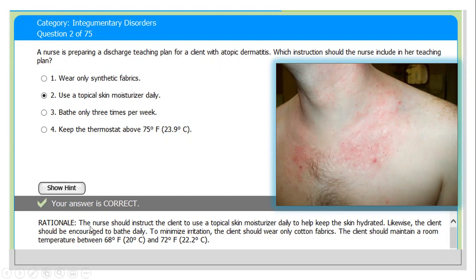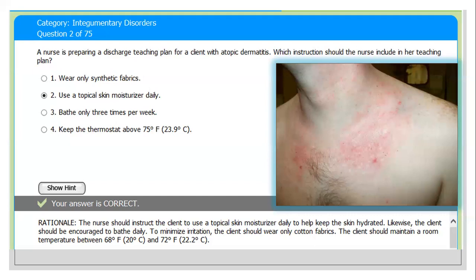The rationale said the nurse should instruct the client to use the topical skin moisturizer to keep the skin hydrated. Likewise, the client should be encouraged to bathe daily. Also, to minimize irritation, the client should wear only cotton fabrics. The client should maintain a room temperature between 68°F to 72°F.